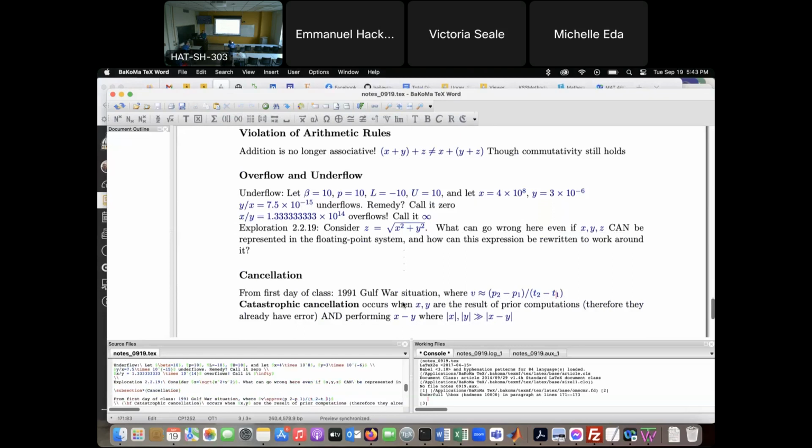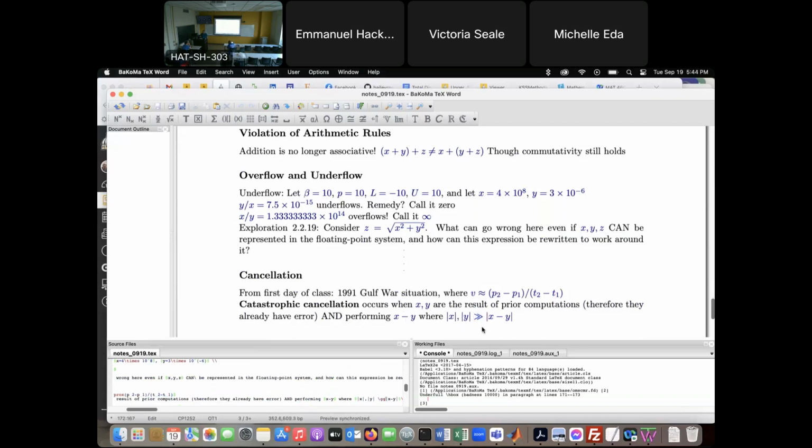So catastrophic cancellation occurs where numbers x and y you're subtracting are a result of prior computations, which means they already have some error in them. Or maybe they have errors in measurements of some kind. And then you form a subtraction where x and y themselves are much greater. So remember this notation, the double greater than sign means much greater than the difference between them.